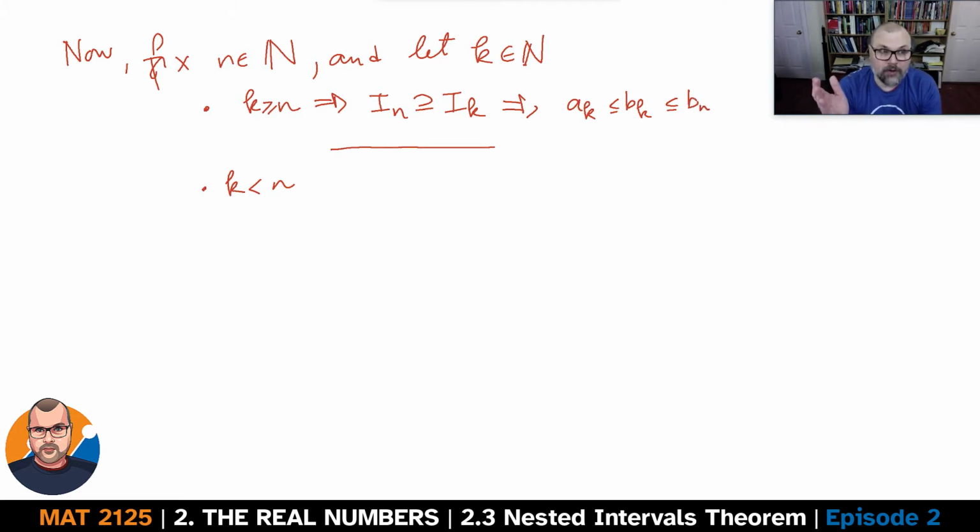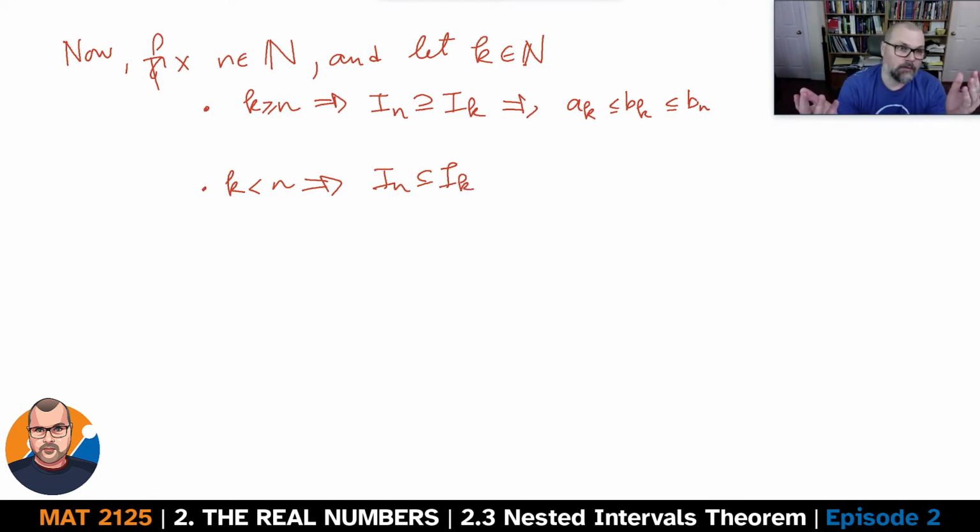If I provide you with a drawing, you will see that this has to be the case. Here's An, here's Bn, here's Ak, here's Bk. That way Ik is contained in In. And sure enough, Ak is smaller than Bk, which is smaller than or equal to Bn. If, on the other hand, k was smaller than n, then the inclusions here would be reversed. You would have to have that Ik contains In. That's because we're talking about a nested sequence of intervals.